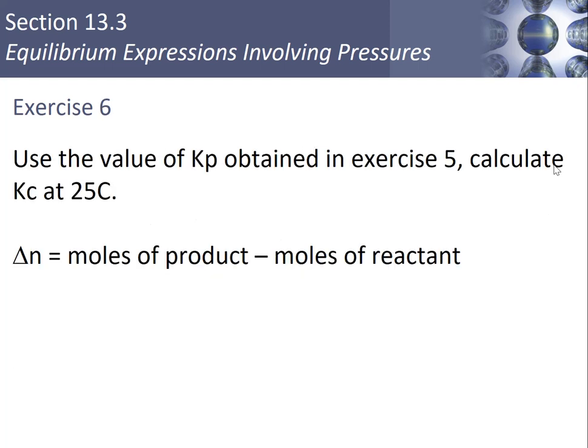So now exercise 6 is going to ask you to calculate Kc using the value of Kp that we just found. Right? So first, let's figure out delta N, which is the moles of the product minus the moles of the reactant.